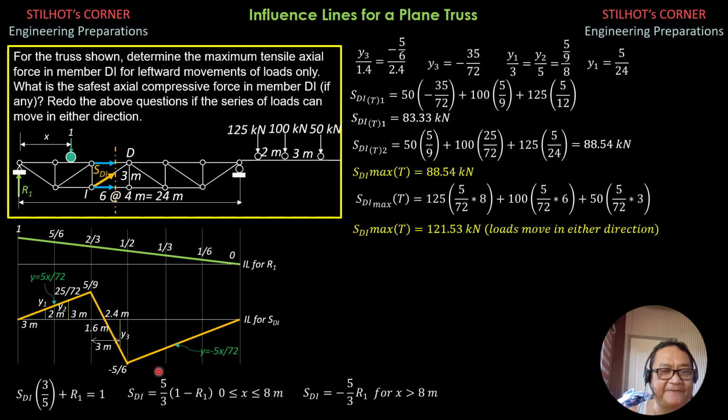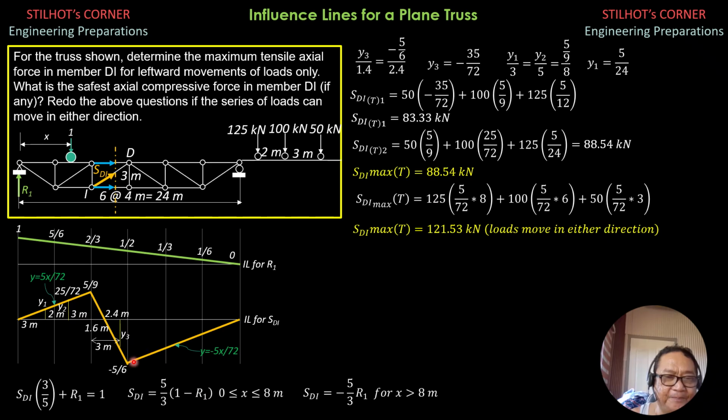So the safest value therefore is the maximum axial compressive force of member DI. And that happens when the 125 kilonewton load is over here, the 100 kilonewton load next would be here, and the 50 kilonewton load would be here.